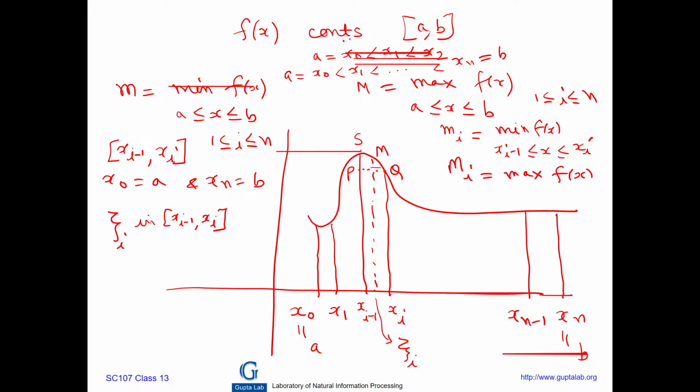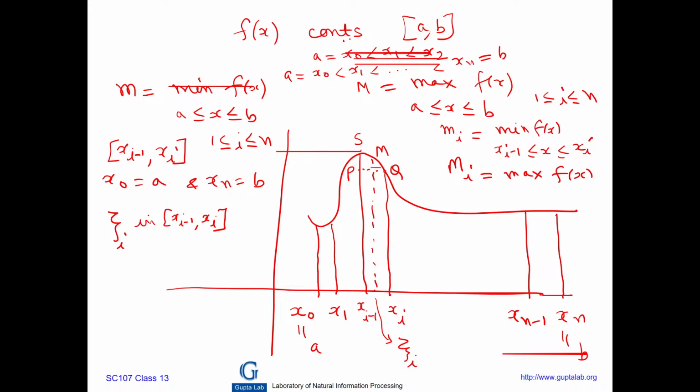So when I am summing, if I take small mi to be the minimum in this subinterval, I can form what is known as the lower sum. Similarly, if I take capital Mi, then we will get the upper sum. So there are two kinds of sums you are getting for each subinterval. These lower sum and upper sum will converge towards the same value when n approaches infinity. That is the key idea.